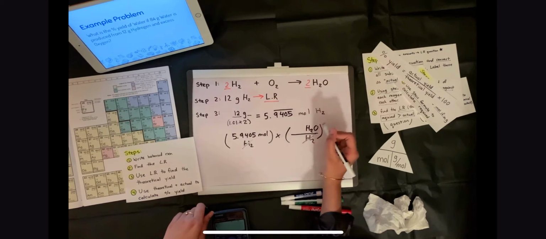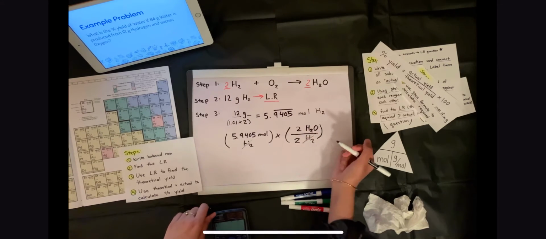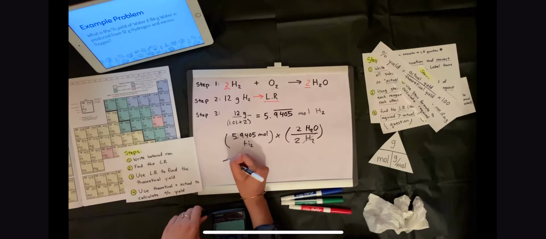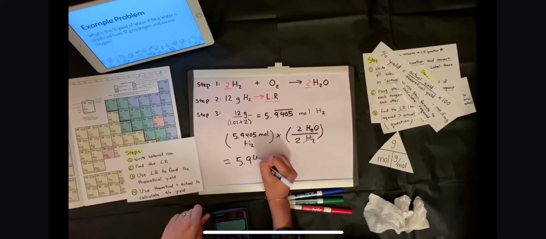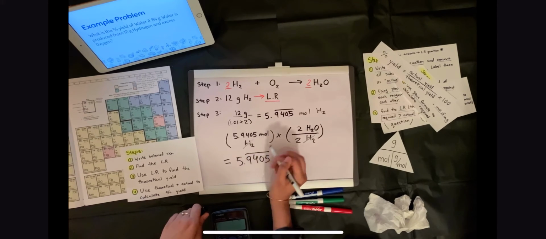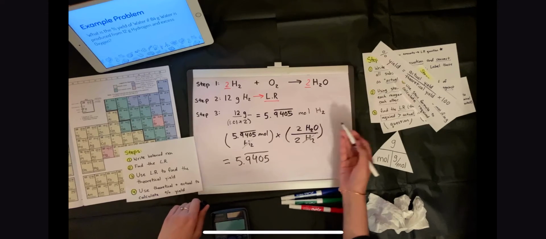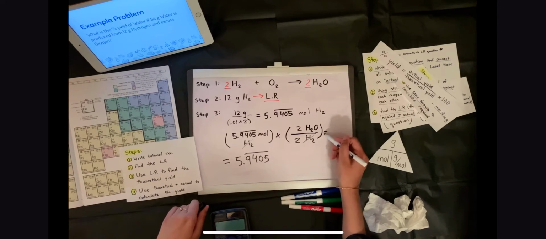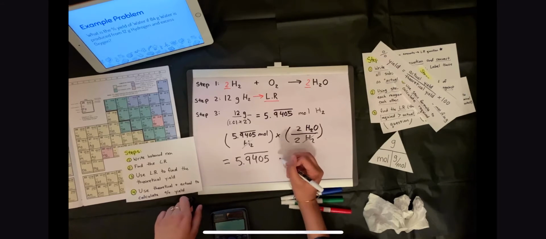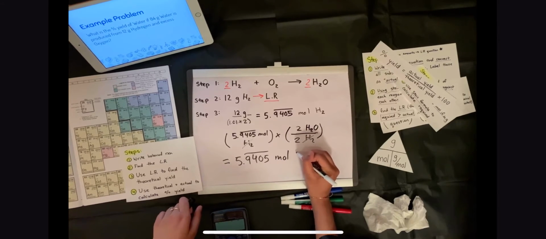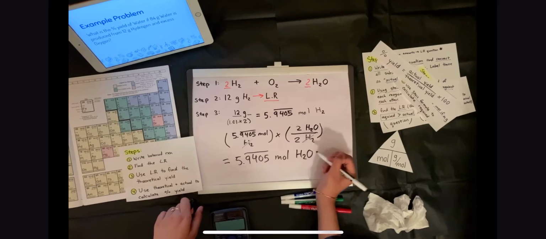And the coefficients are 2 for each of them. So if you plug that into your calculator, you should be getting 5.9405 repeated. Same as this one, because 2 divided by 2 is actually 1, basically. So 1 times any number is that number. So this equals moles of H2O.